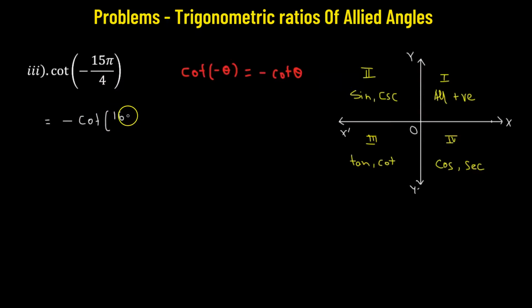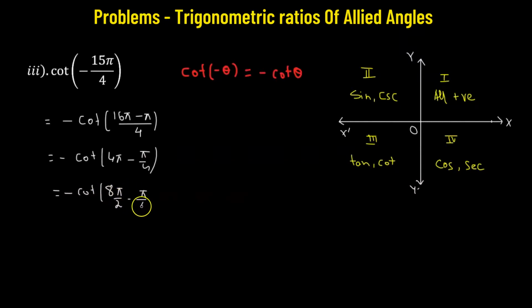Now 15 pi can be expressed as 16 pi minus pi divided by 4, which is going to give us negative cotangent of 4 pi minus pi over 4. Then we can re-express 4 pi in terms of pi over 2 as 8 pi over 2 minus pi over 4. So now we have an even multiple of pi over 2, so cotangent is going to remain as cotangent. We have negative cotangent of pi over 4.